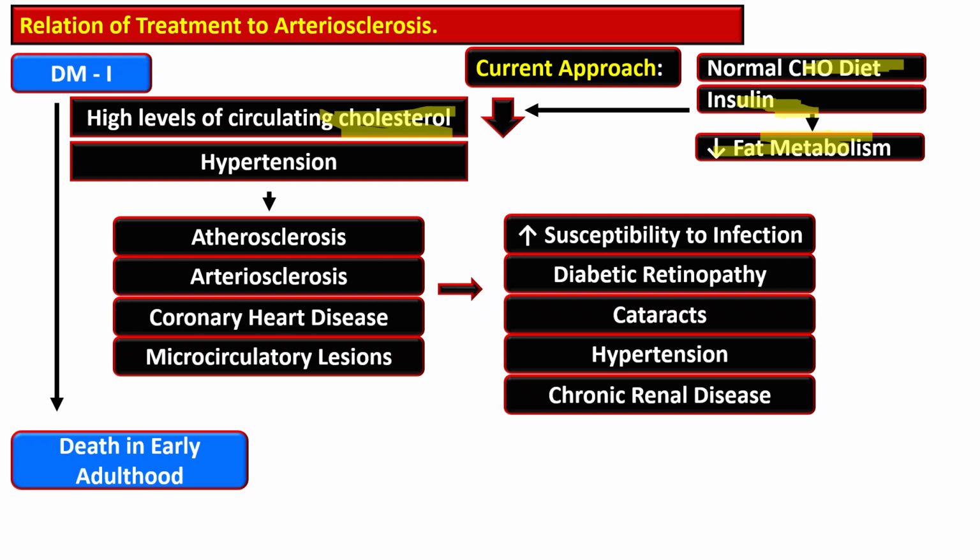So complications like retinopathy, cataract, hypertension, kidney disease, and increased infection risk are closely tied to high blood glucose and lipid level. Lipid lowering drugs such as statins are also used, and they reduce the cardiovascular risk and prevent these complications.